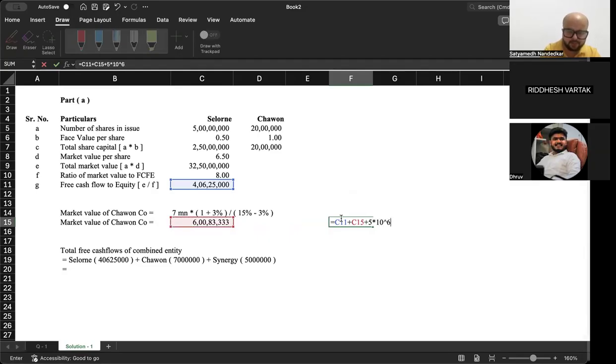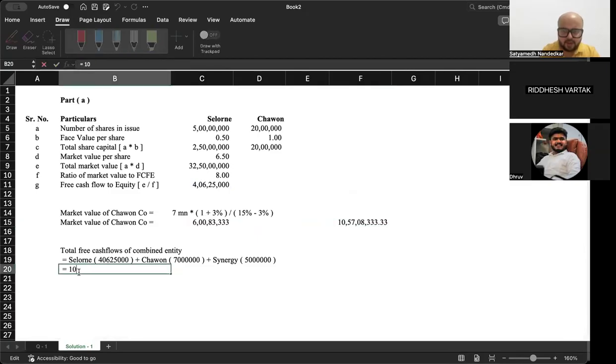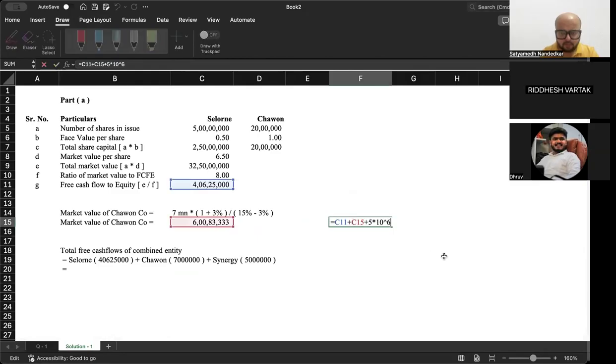Plus 10. Sir, not six, not C15. It will be 7 million. Oh, yes, my mistake. It has to be 7. Correct. Thanks for pointing that out.